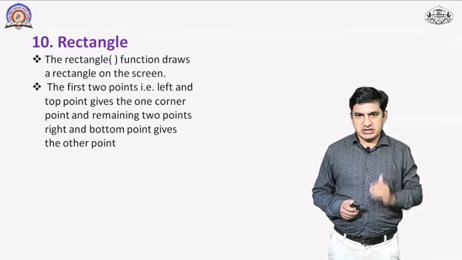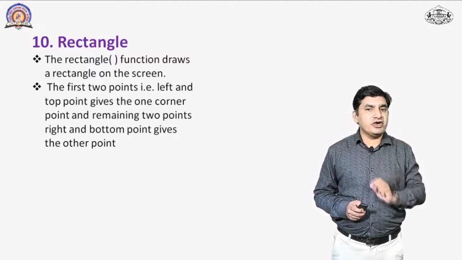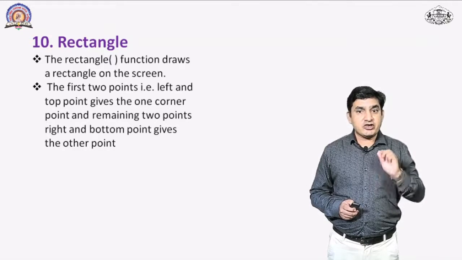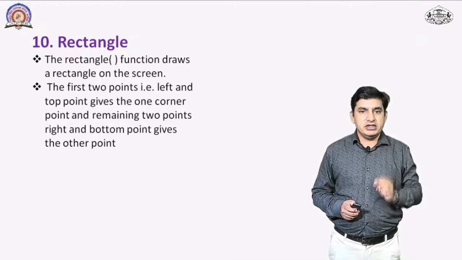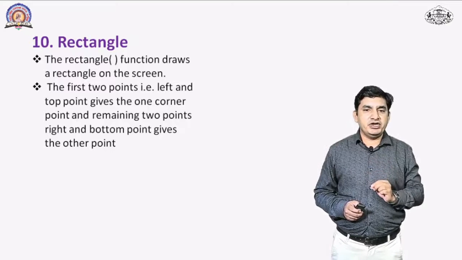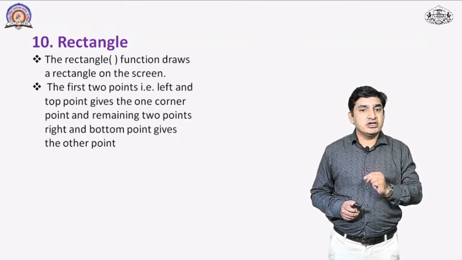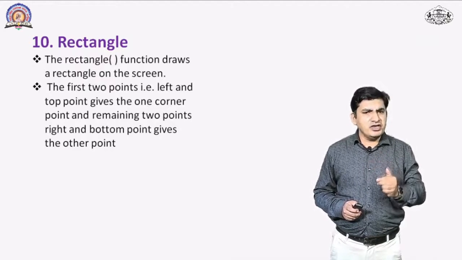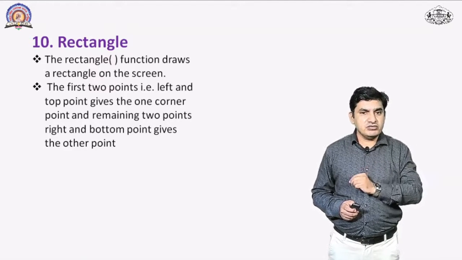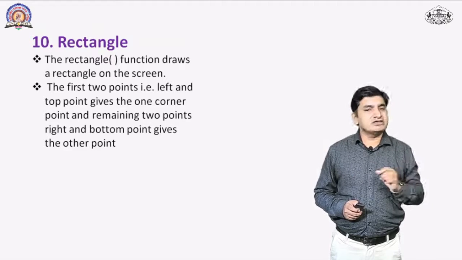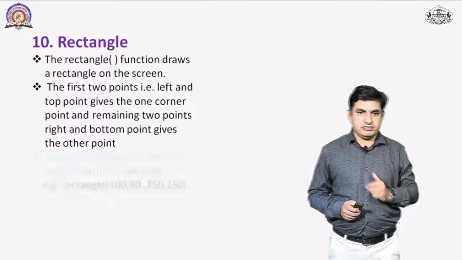That is, the first 2 points give the coordinates of the left corner, and the remaining 2 points give the coordinates of the right corner, which is at the bottom. First is at the top and second is at the bottom.